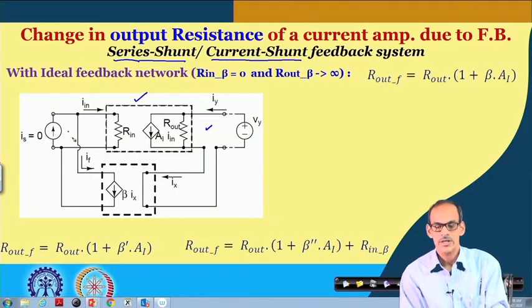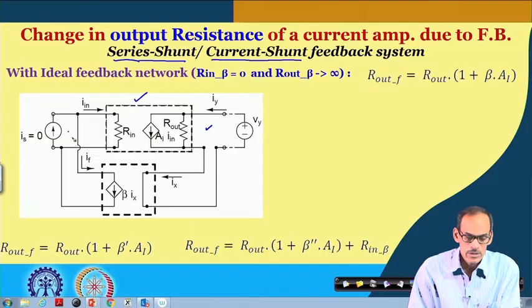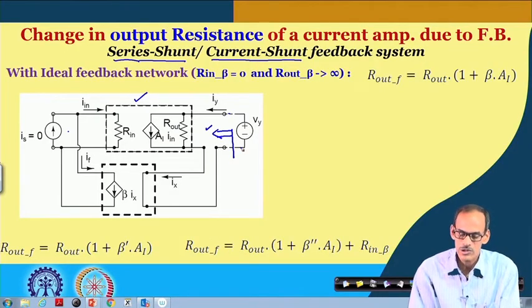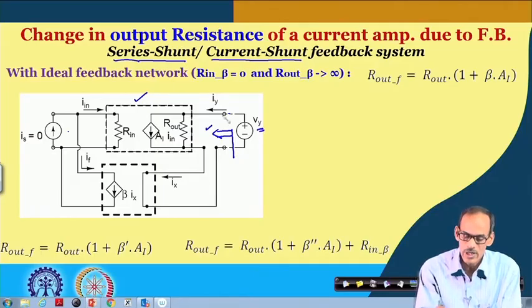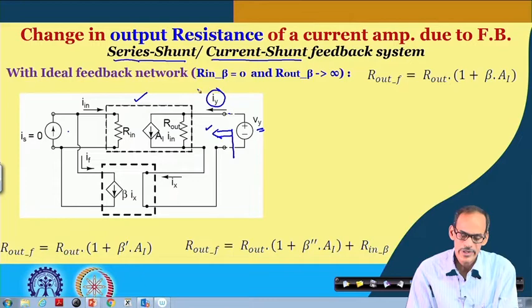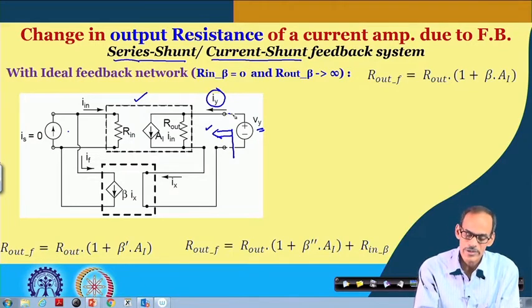To get the output resistance, again we stimulate the output port by a voltage source and observe the corresponding current. In fact, we can do it the other way also: we can stimulate this output port by a current source and then observe the corresponding developed voltage.